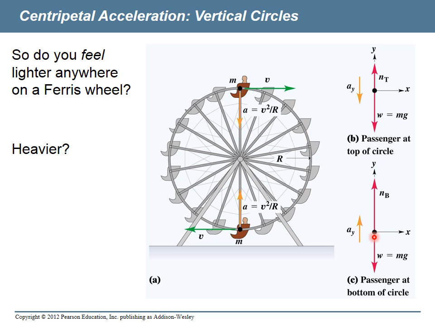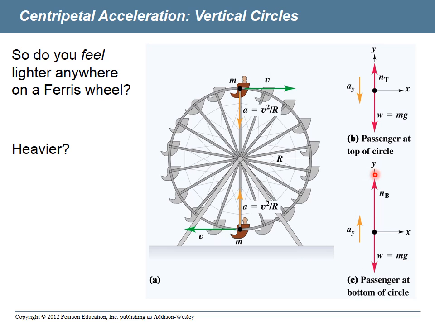Versus at the bottom, I have a weight down and a normal force up, and now I need an acceleration upwards, right? So now gravity is actually opposing the acceleration that I need. So I need a greater normal force, because I need my normal force minus my weight to equal my centripetal force.